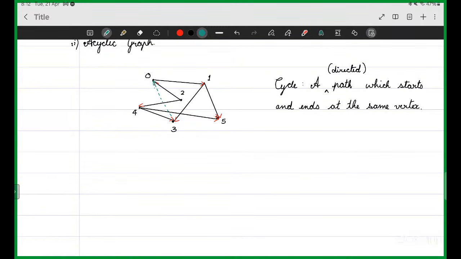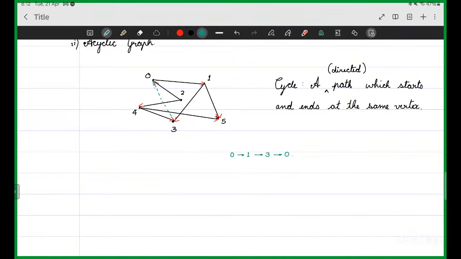In that case, this becomes cyclic. Right. So if I have 0 to 1, there is an edge. 1 to 3, there is an edge. 3 to 0, there is an edge. So I have a path from 0 to 0, a path of 3 edges, which starts at 0 and ends at 0. So this would be a cycle.